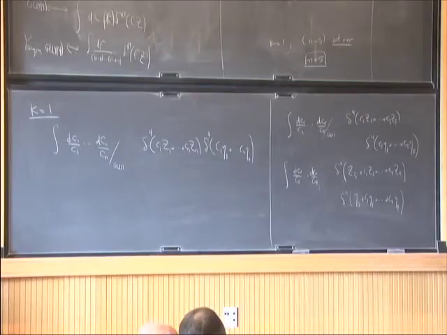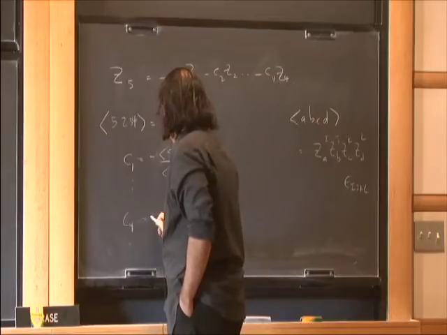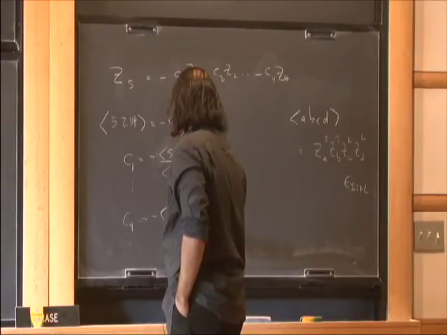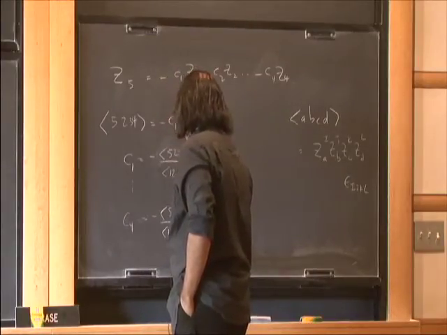If I take (5 2 3 4), this is just negative c1 times (1 2 3 4), and everyone else is 0. So I'm just expanding a vector in terms of the other vectors. I solve for c1 equal to negative (5 2 3 4) over (1 2 3 4). Similarly, I solve for all the other ones. So c4 is negative (5 1 2 3) over (1 2 3 4).